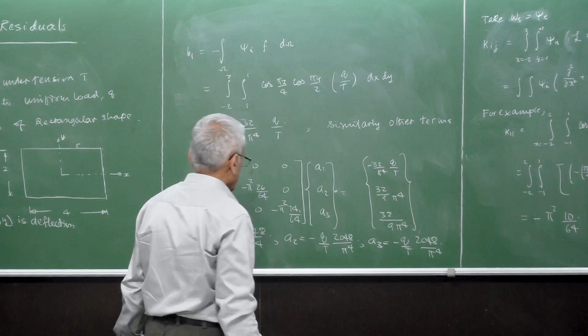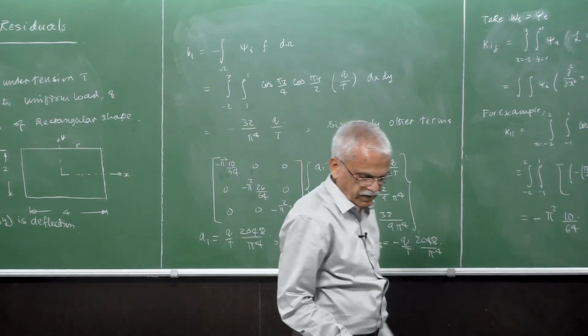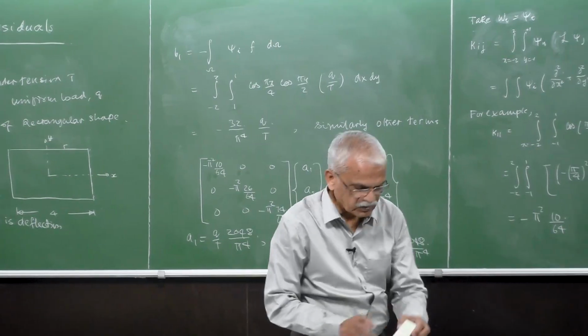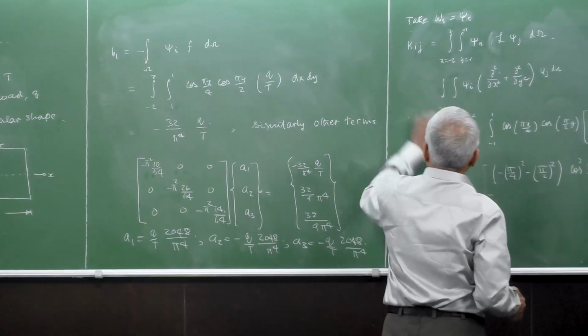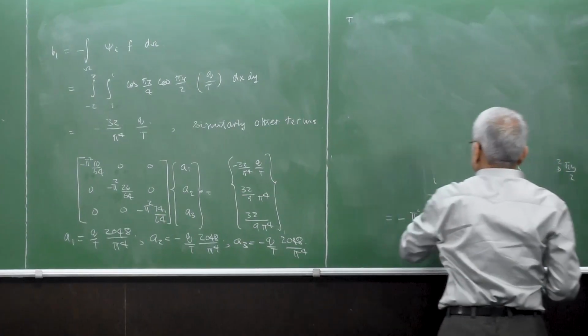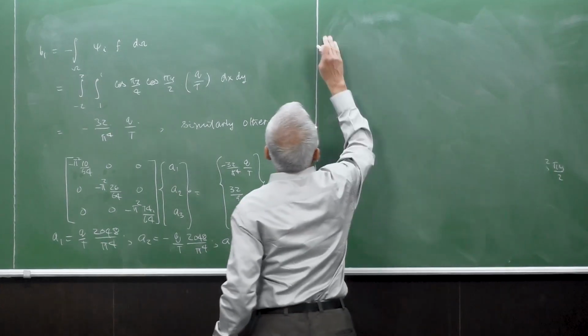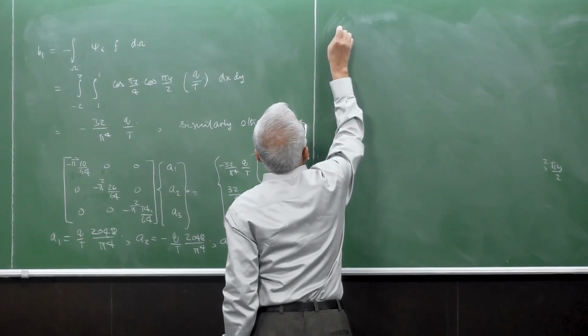These are the coefficients A1, A2, A3 in the expansion for phi hat. Just to wrap up this problem, we will try to express the solution. Here the solution is in the form of phi hat.